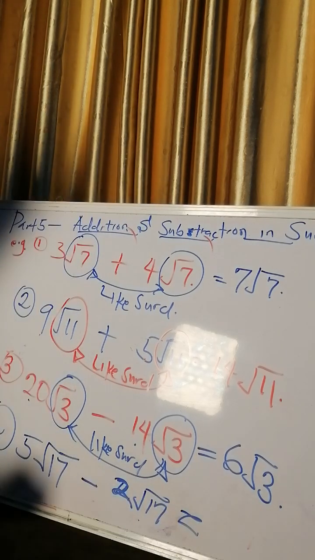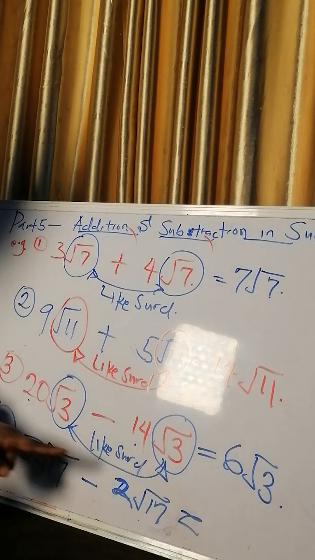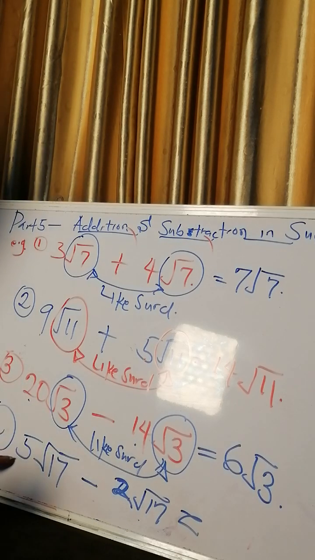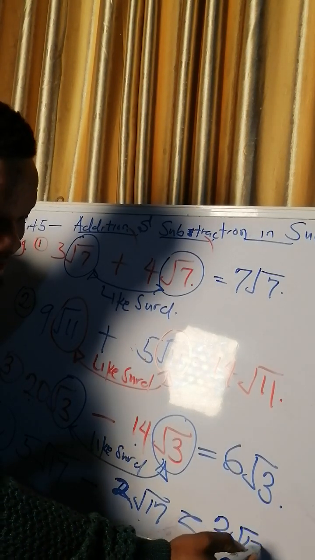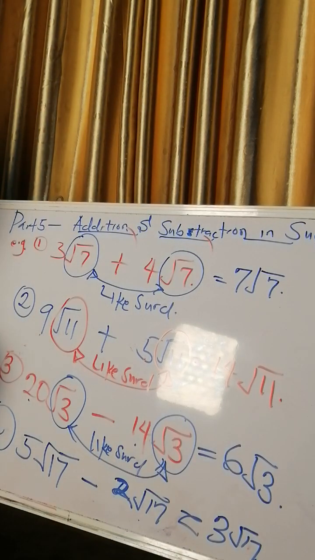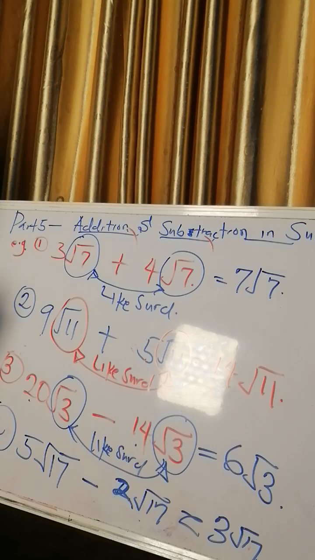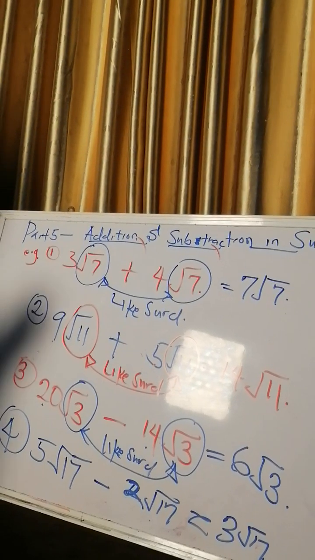Because this is like surds, root 17 is common, I can subtract. So 5 minus 2 will be what? 3 root 17. So it's as simple as ABC. This is what we call addition and subtraction in surds.